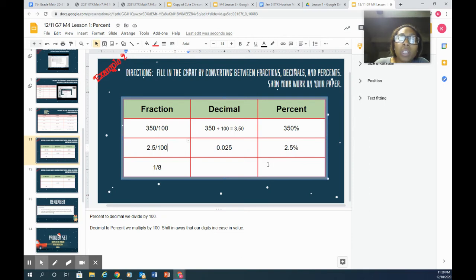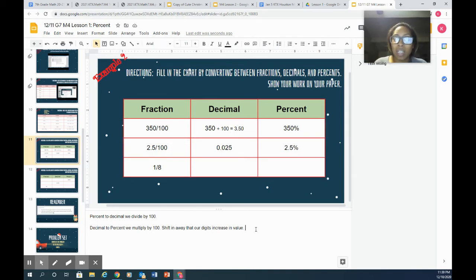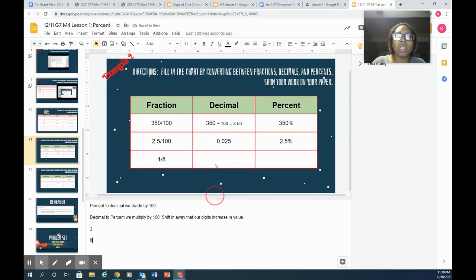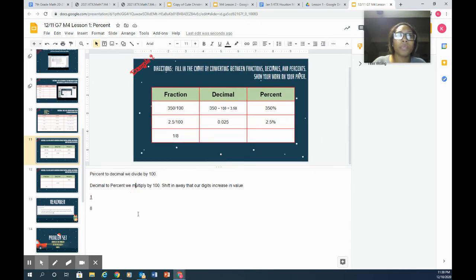So if we're looking at this particular fraction, we've got 1 over 8. Once again, I'm going to be down here in the notes section. So I've got 1/8, but I want to have 100 as my denominator because percent is out of 100.